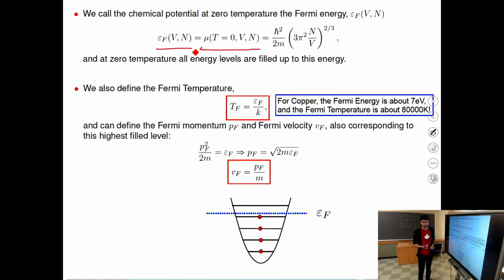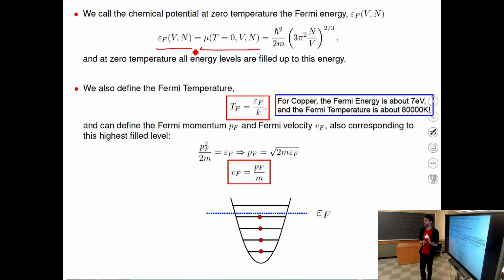It turns out that temperature is 80,000 Kelvin, if you just define the Fermi temperature as the Fermi energy divided by k. So all the states up to 80,000 Kelvin are occupied, and the states above 80,000 Kelvin are empty.